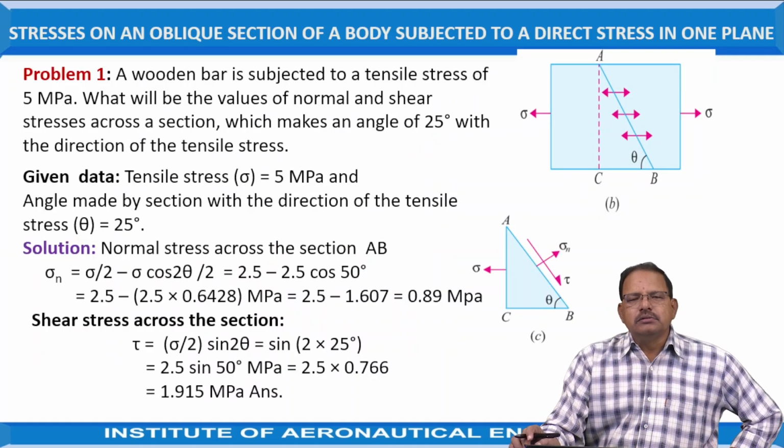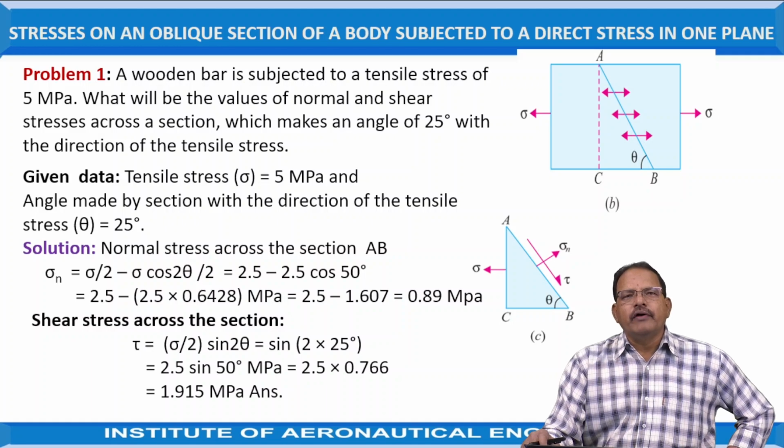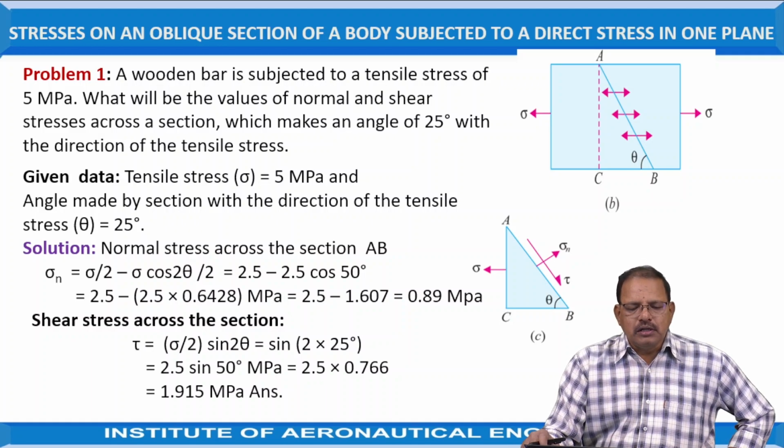Based on these equations, we are taking one problem now. A wooden bar is subjected to a tensile stress of 5 megapascal. What will be the values of normal and shear stresses across the section, which makes an angle of 25 degrees with the direction of tensile stress?